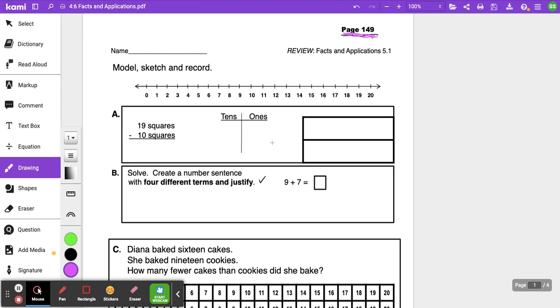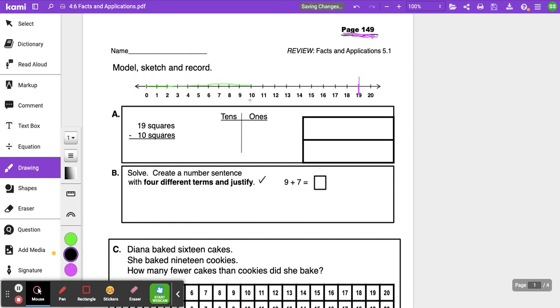This is what we've been practicing all week. We have both the number line and our place value chart here. So we're going to take 19 squares minus 10 squares. You can choose if you use the number line, 19, this is the 19, and then I'm going to take away 10, take away all of these, they're gone.